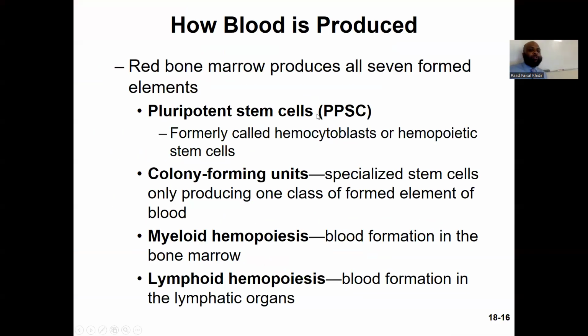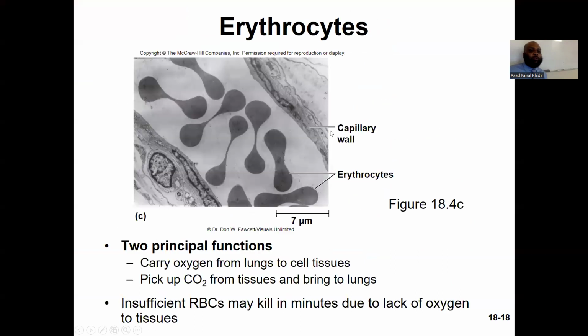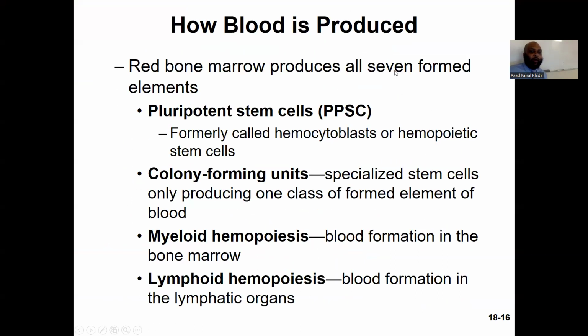How is blood produced? Blood is produced by stem cells. We will see in a figure that in your bone marrow, all the blood cells are made. So there is a multipotent cell, it has multiple potential.